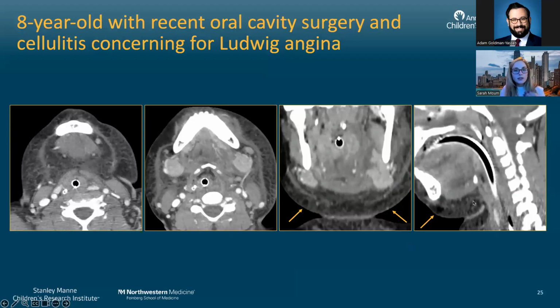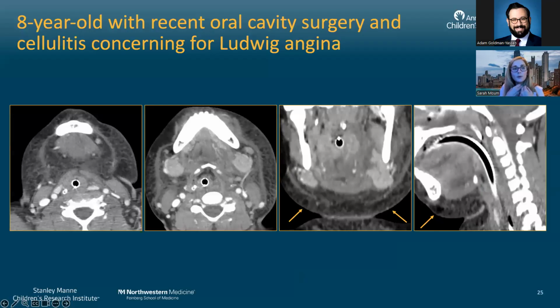So these are imaging findings consistent with Ludwig angina, which is a rapidly progressive, life-threatening cellulitis. You don't necessarily have to have an abscess, and I think it's actually more common to see this with cellulitis. Often it's odontogenic, wasn't necessarily in this case, but often Ludwig angina will be odontogenic in etiology.